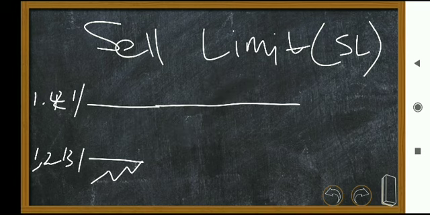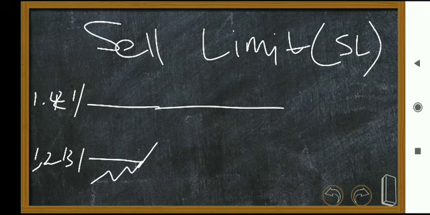If price didn't reach this area and reversed, if price never touched this point, your order won't be activated. Just like in the buy limit, if price reverses without touching the price that you set for your order, it won't be triggered.